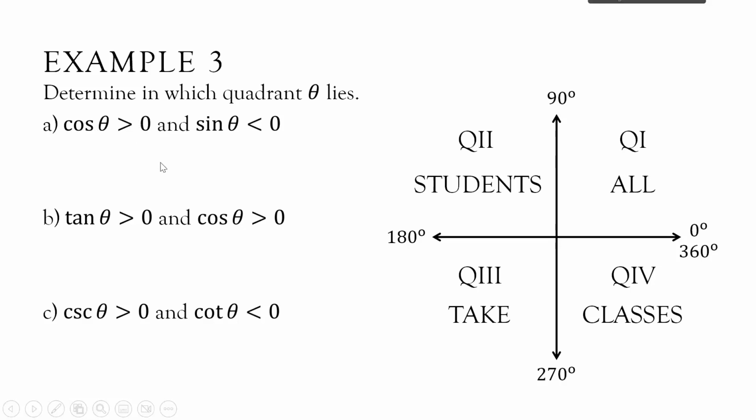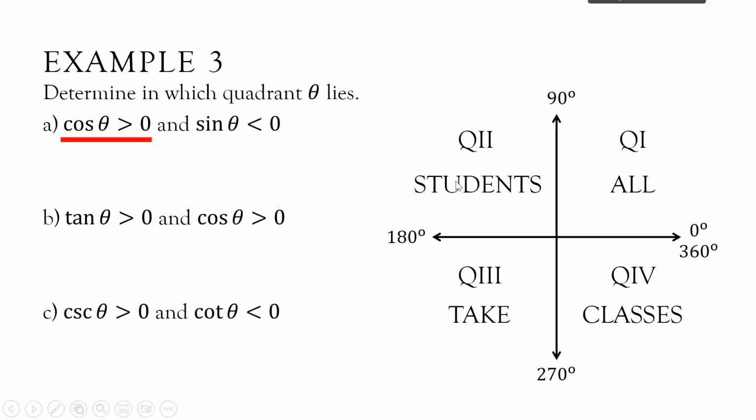So let's start off by focusing on this first part. Where is cosine positive? And I have our little picture here included. So cosine is positive only in 2 quadrants. Quadrant 1, yes, cosine is positive. Quadrant 2, cosine is not positive.